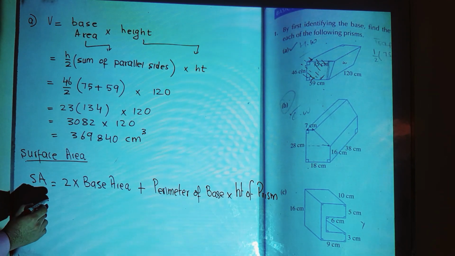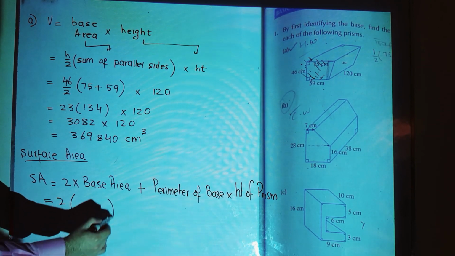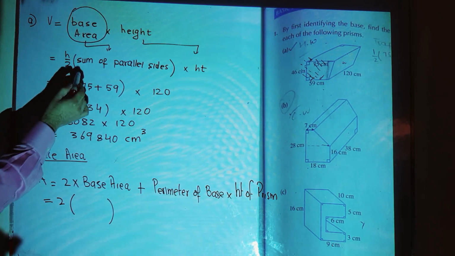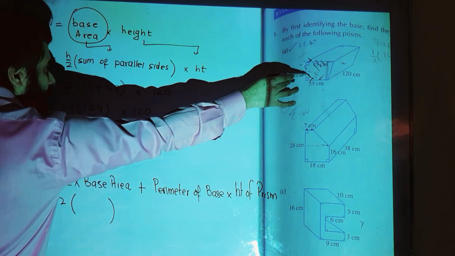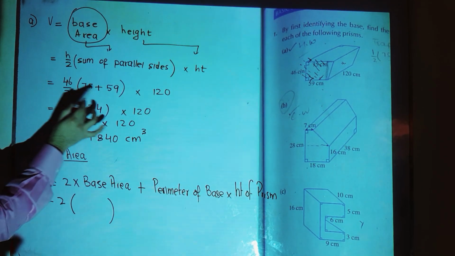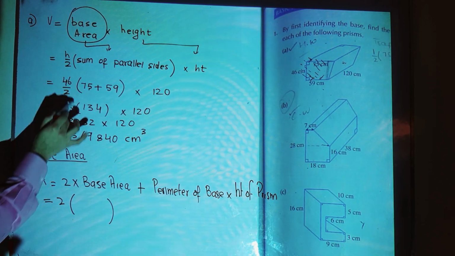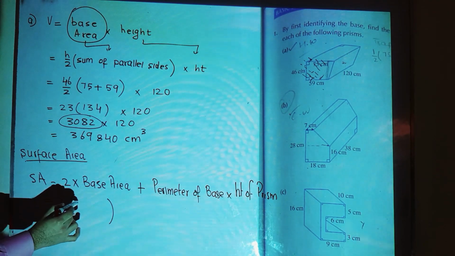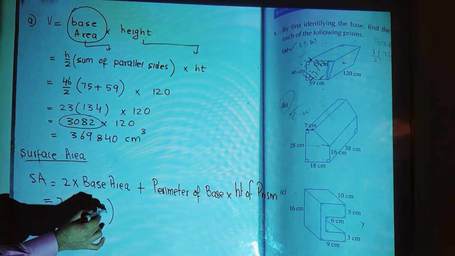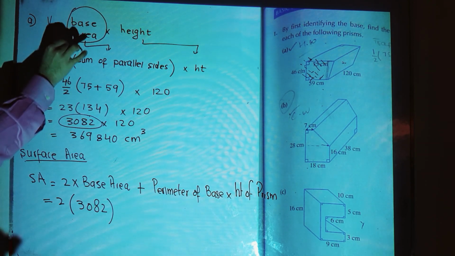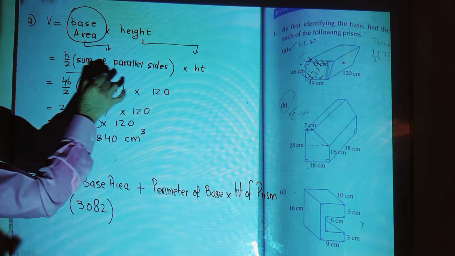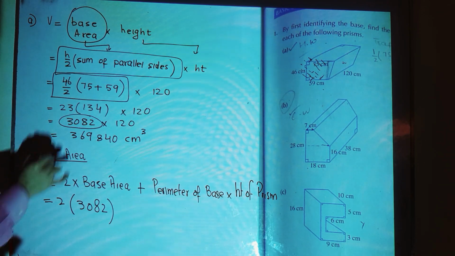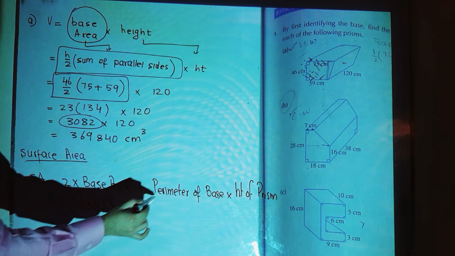Now in this case, 2 into base area. The base area was a trapezium, and the area of the trapezium was calculated over here, so I am going to use the same one. This is the base area of trapezium, 3082. Plus, what about perimeter of base?